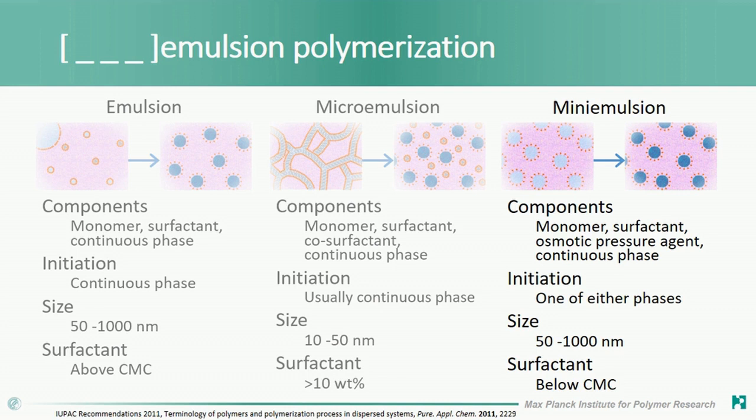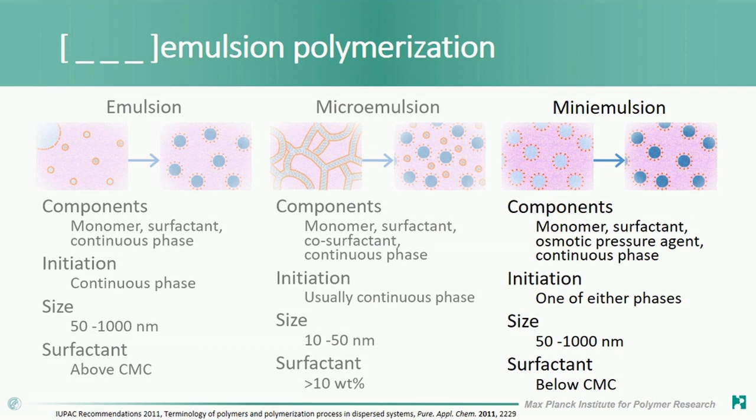In this case, the components are once again the monomer and the continuous phase that are immiscible together. We use a surfactant and we use a new component, the osmotic pressure agent. I will discuss what it does exactly a little bit later. The initiation could be either in the continuous phase or in the disperse phase.